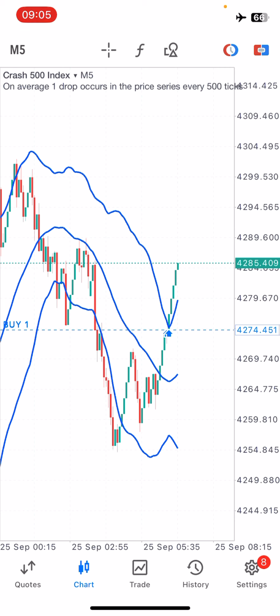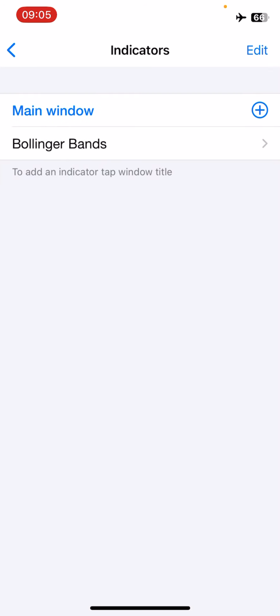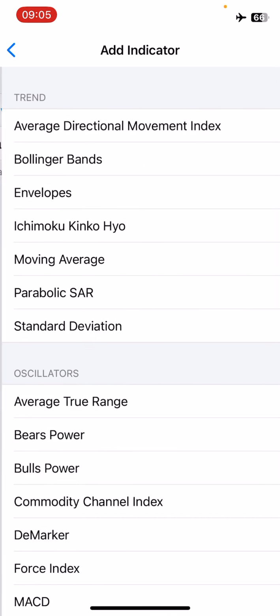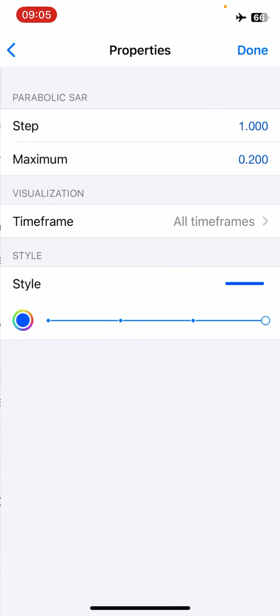And the next indicator that we need is going to be an addition to our entries, just another confirmation. Going back to my indicator section, I'm going to click on main window, and we're going to add the parabolic SAR dot. The parabolic SAR is going to have the following properties.